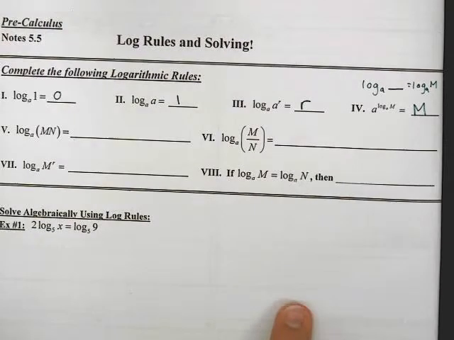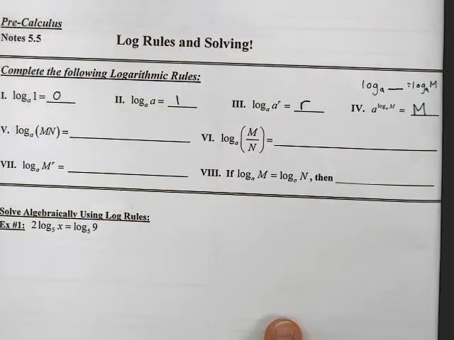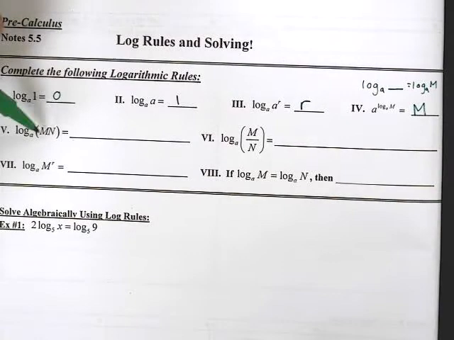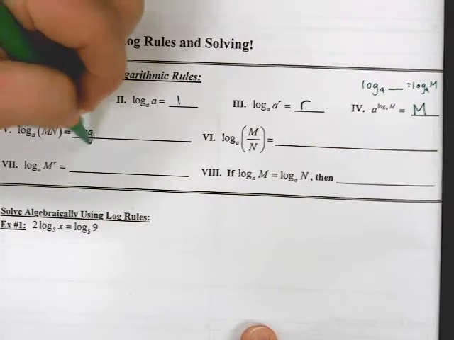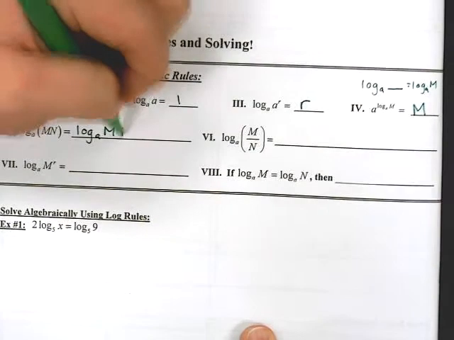Let's move on. We know that when we have an argument that has two pieces being multiplied together, we can always split using addition, okay?